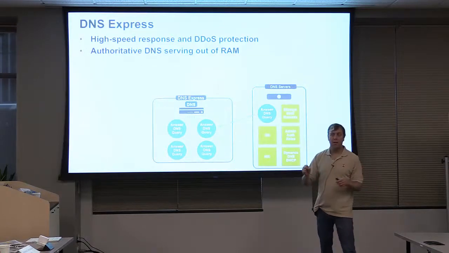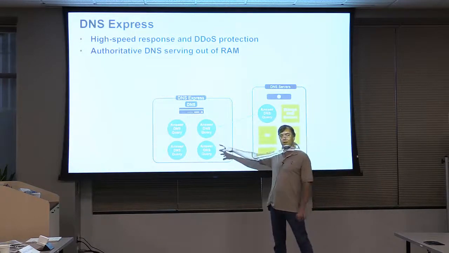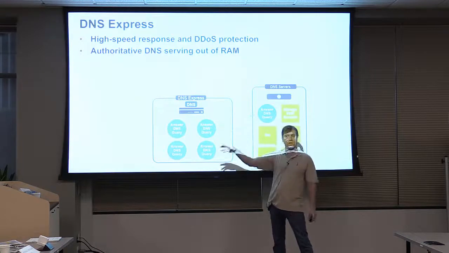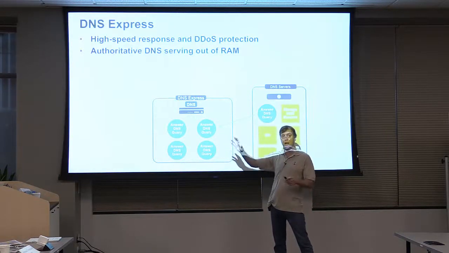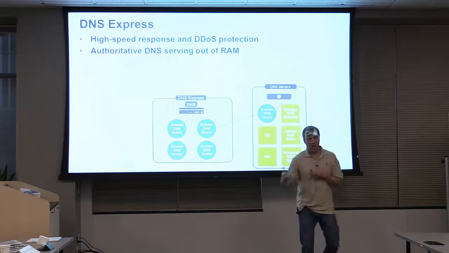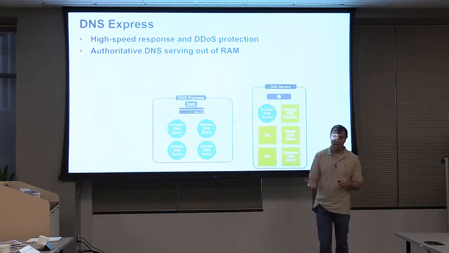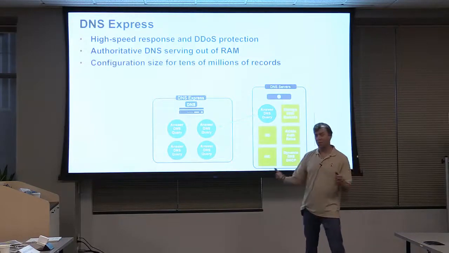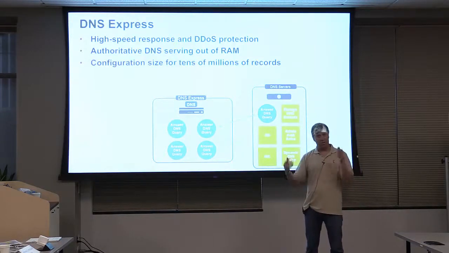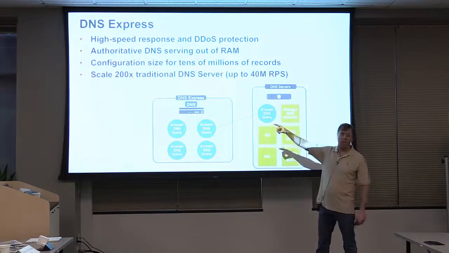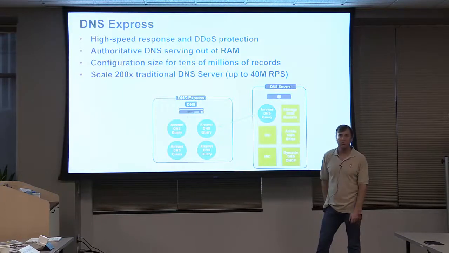So zone transfer, but also in RAM, which makes it faster, but really the thing that makes it so fast is the multiprocessing, right? We can get hammered and stay up and not have these guys get hit at all, and alleviate that DOS attack in that manner, just because we respond so fast with the architecture. So we handle up to tens of millions of records. We can do 200 times a traditional BIND server, speed-wise from a performance angle.